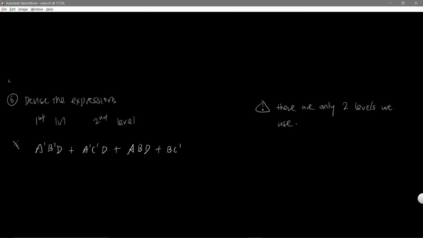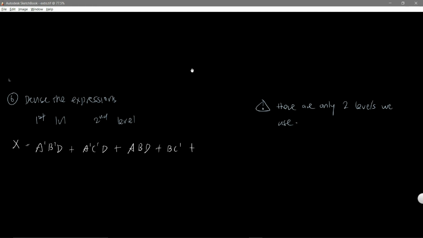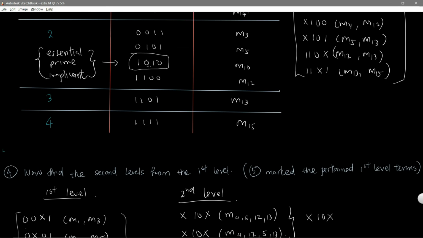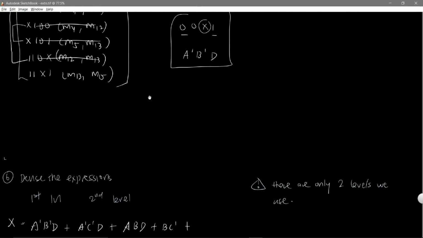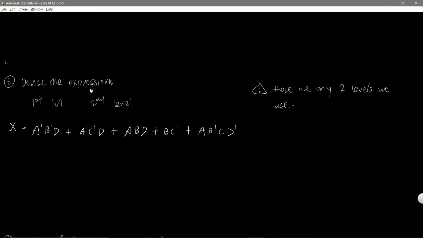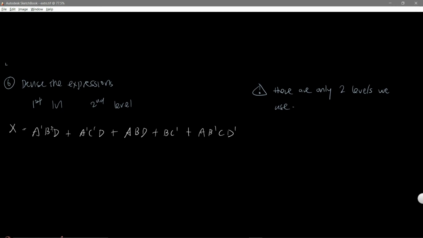Alright, is something off here? Yes, you need to put the essential prime implicant, which is 1, 0, 1, 0. You need to remember that. Alright, now this is in the 6th step, you want to write this expression.